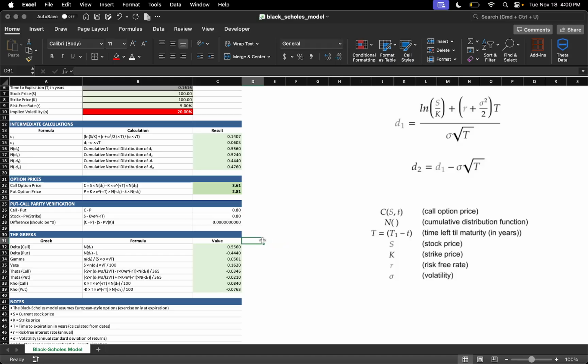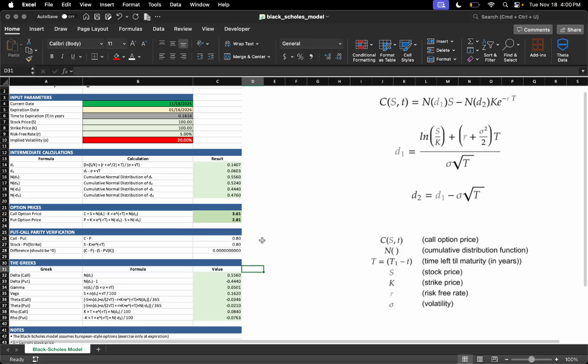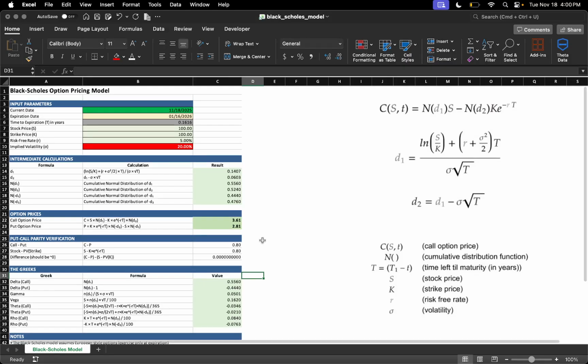And Greeks are some interesting information that can tell us a lot about the option without really understanding much detail about the option. What do I mean by that? Well, you can see that we have the first Greek here called delta. And delta is a first order Greek.